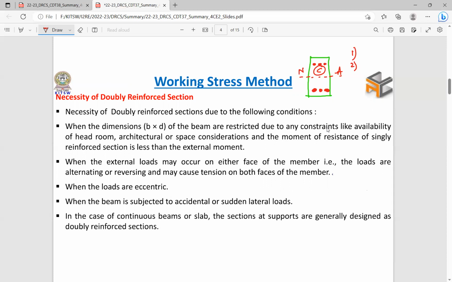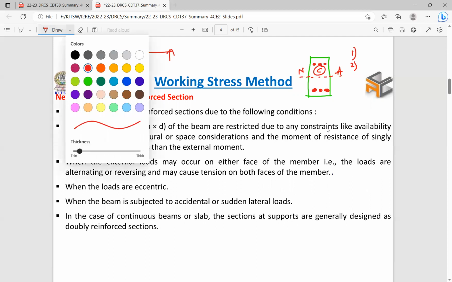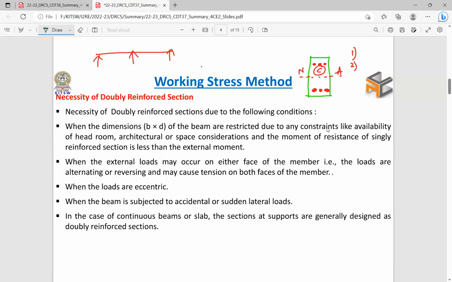If you take a continuous beam and draw the bending moment diagram, this is the variation of the bending moment for the loading. At the inner support, the tensile zone will be developed at the top. In this situation, for continuous beams, we have to use a doubly reinforced beam. This is the second situation.